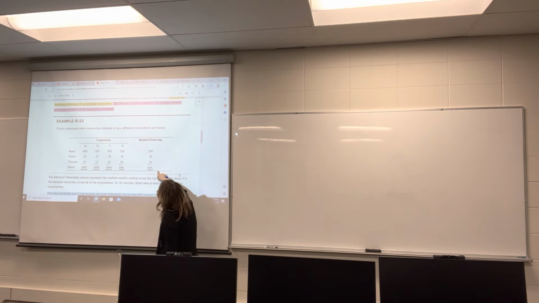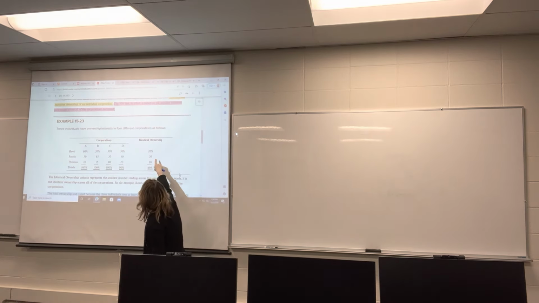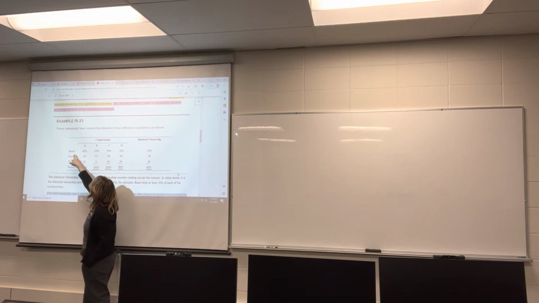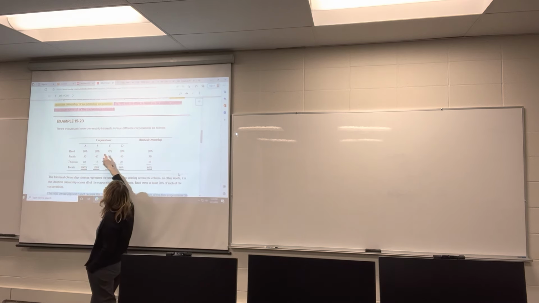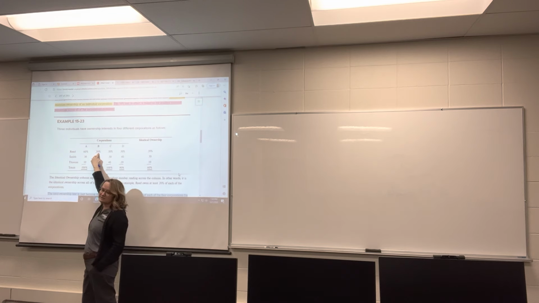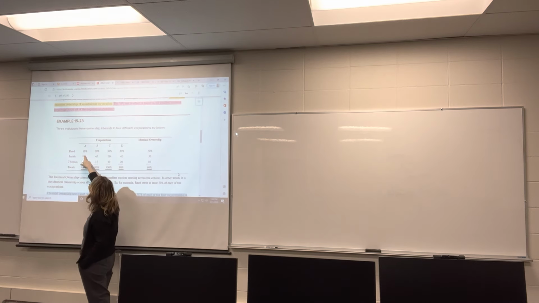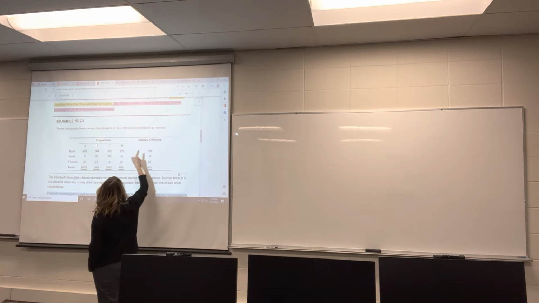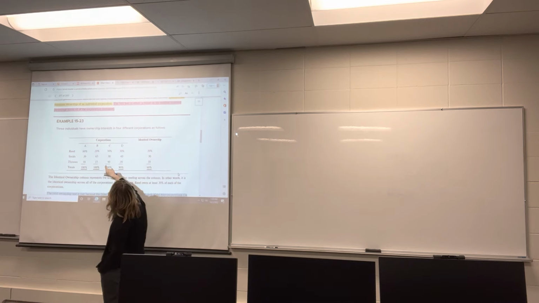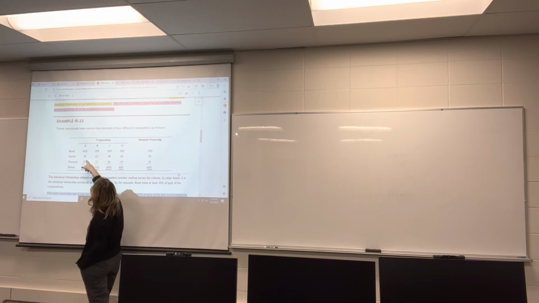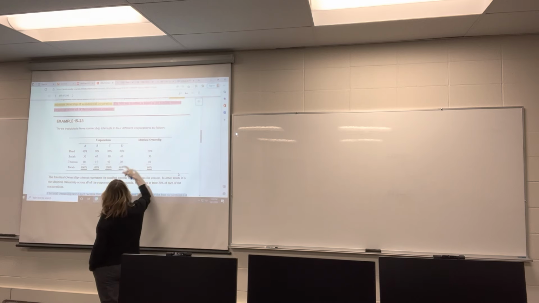The identical ownership, what you do is you go across and you pick out the smallest number. So for Reed, his smallest percentage ownership in this group is 20%. For Smith, his smallest percentage ownership is 30%.